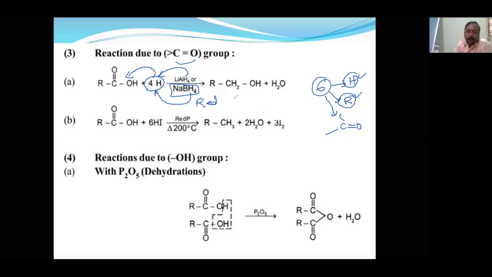So whenever you want some hydrogen, you can ask sodium borohydride. Nowadays the shortcut trending, SBH means sodium borohydride. LAH means lithium aluminium hydride. So don't forget LAH is LiAlH4 only.